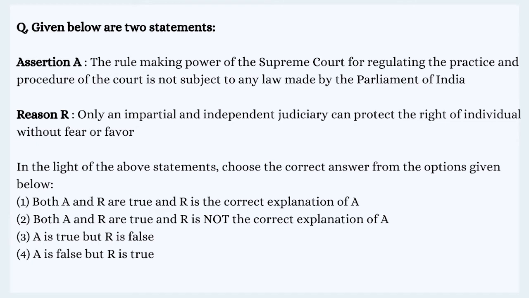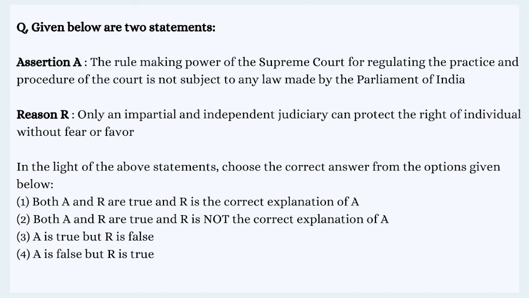Now the next one. Before us we have got an assertion and reason based question, in which you have to go through both the statements and check whether the reason given is a correct explanation of the assertion or not. You may pause this video and go through the question. Firstly, let's see what is given under the assertion: that the rule making power of the Supreme Court for regulating the practice and procedure of the court is not subject to any law made by the Parliament of India.